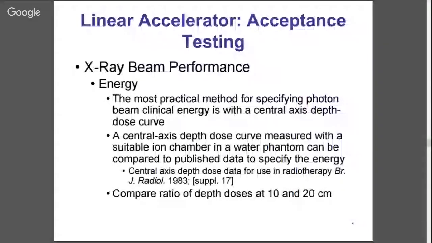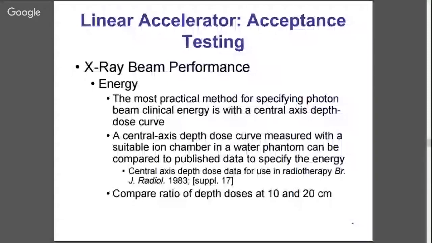This British Journal of Radiology paper, 1983, you can see it's quite an old paper now, but this has, for example, a whole load of depth dose data, which we can look at, and from the published depth doses determine what the energy of the beam is. Okay, our nominal energy, I should say.